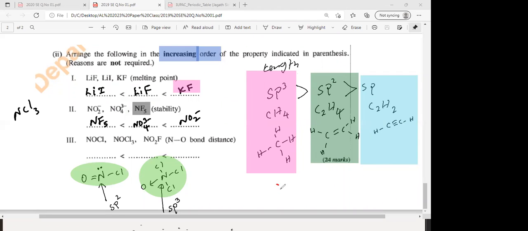Therefore here the CH bond length is greater than in this one, and that is greater than in this one. So this is the bond length or bond distance, CH.